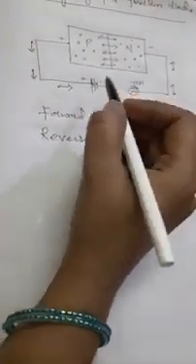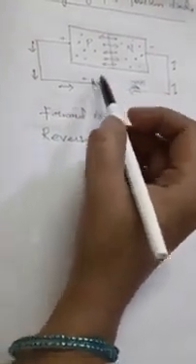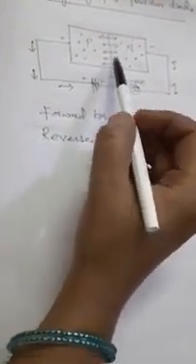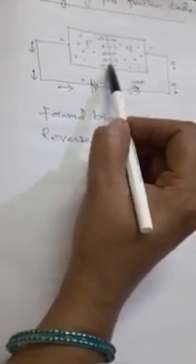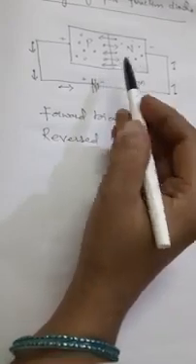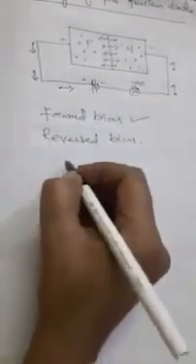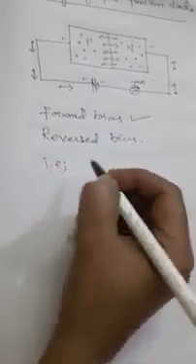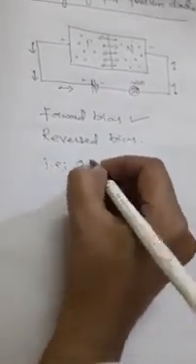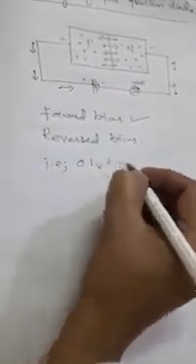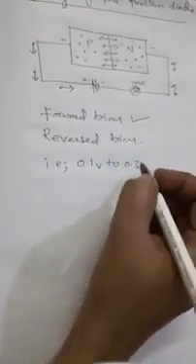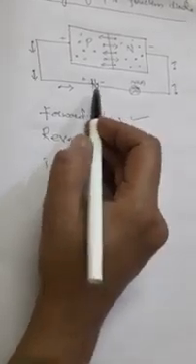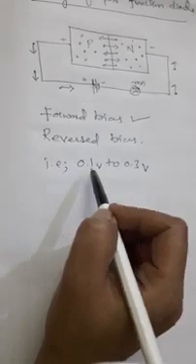Due to this, the applied forward potential establishes an electric field which acts against the field due to the potential barrier. As the potential barrier voltage is very small, approximately 0.1 volts to 0.3 volts, a small forward voltage is sufficient to completely eliminate the barrier voltage.